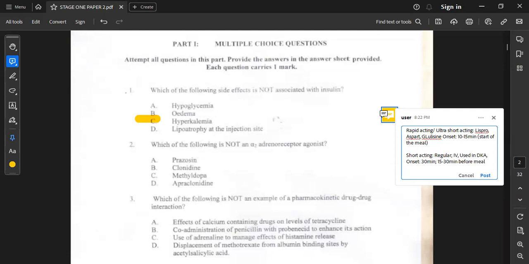Another point, if we are just using short acting alone, not combining with the other types, we have to give it 3 times a day: before breakfast, midday, and evening meal, 15 or 30 minutes before the meal.